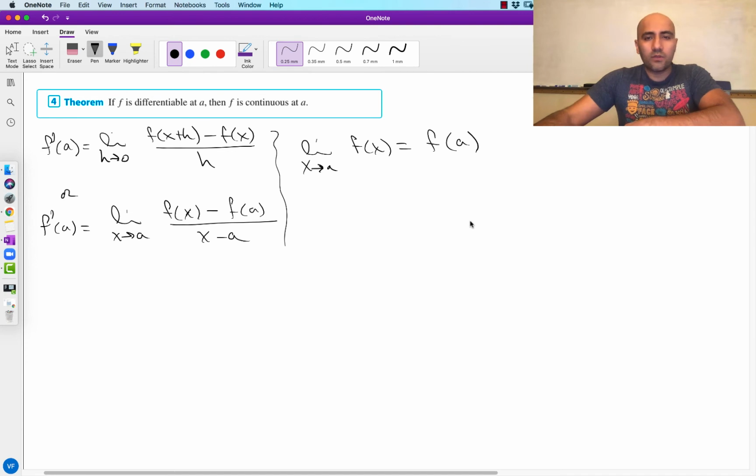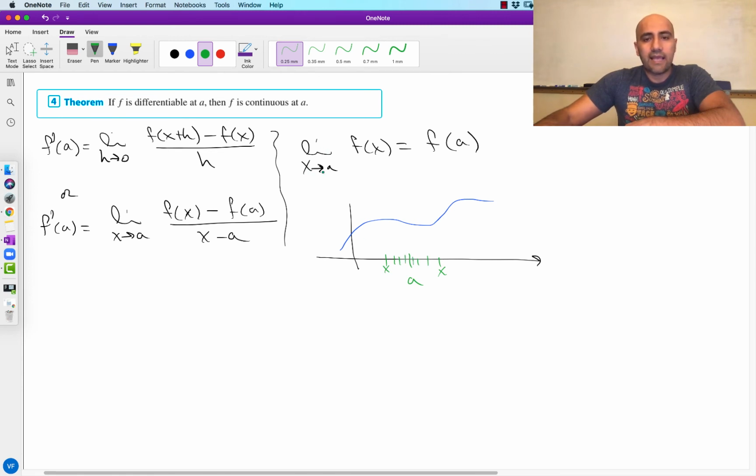Okay, let's do a little picture to refresh our memories of what all this means. For instance, if I had some function like this, and I had some value a, now the limit as x approaches a: here's some x value, here's some other x value, I'm getting closer and closer to a.